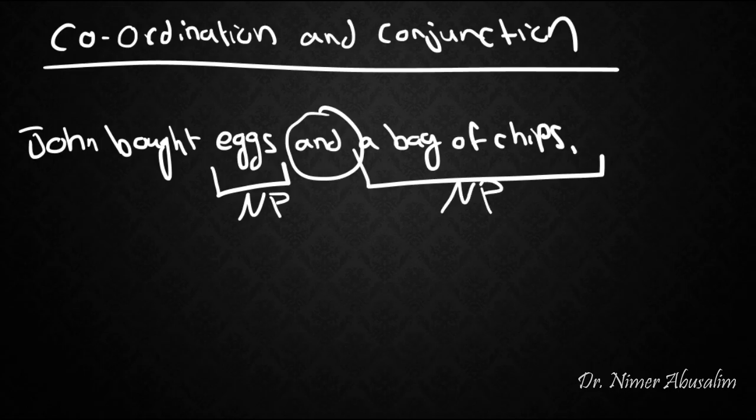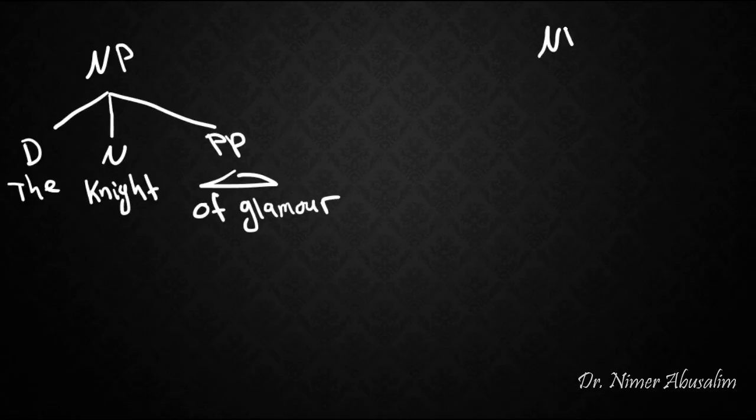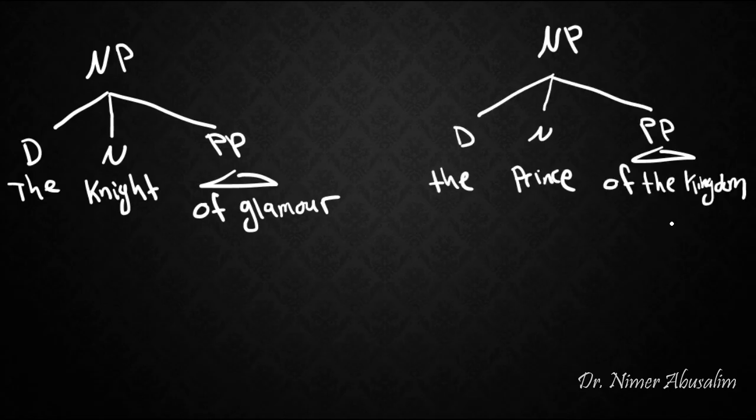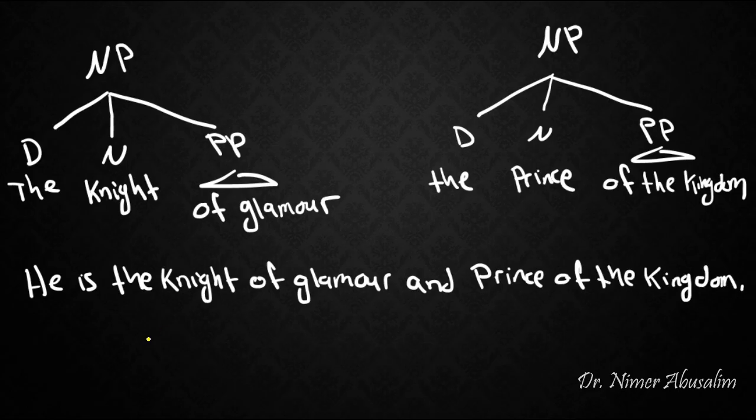Now what does that show us exactly? Well, again, it shows us that our flat structure isn't really the way to go. Take for example the noun phrase, the Knight of Glamour and Prince of the Kingdom. We could easily have a sentence where we say, he is the Knight of Glamour and Prince of the Kingdom. Now let's see here.